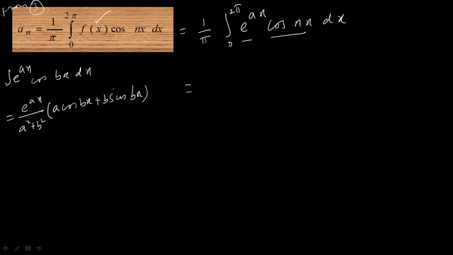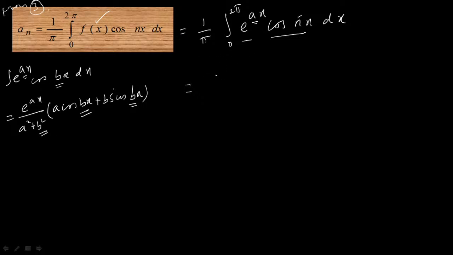So in the formula, in the exponential power you have a, here itself we have a. Whereas in the cosine term having bx, here instead of b we have n. So you just replace b by n.